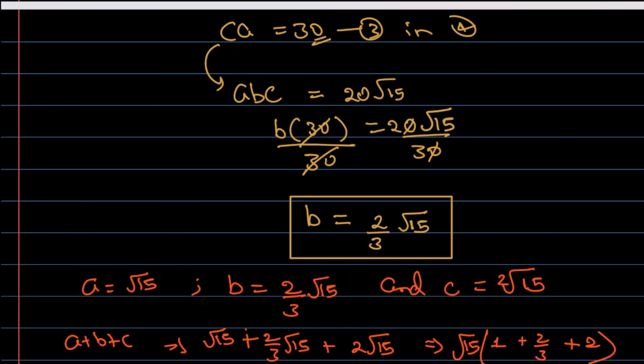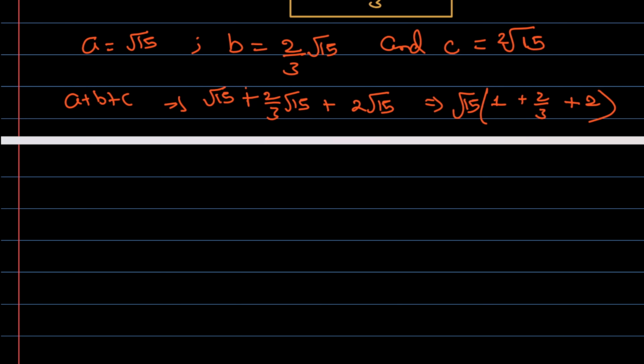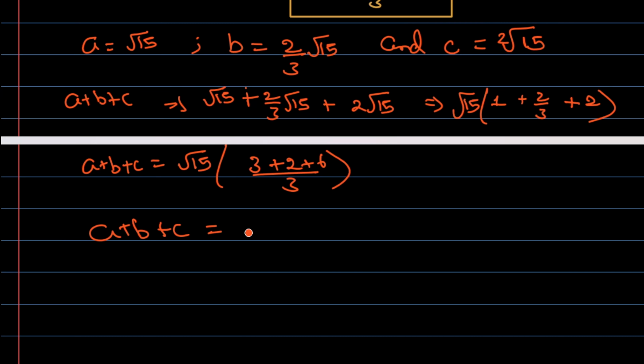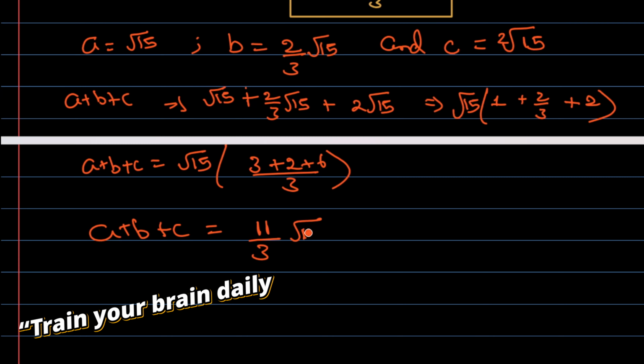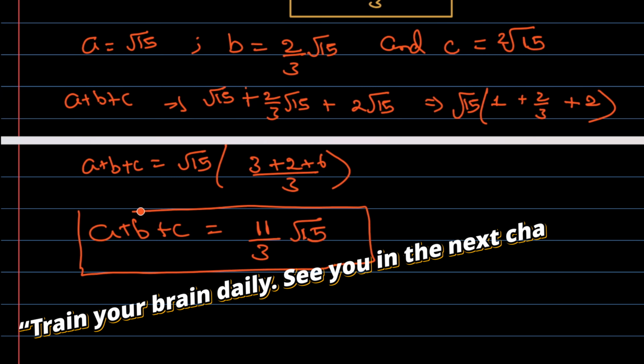So A plus B plus C equals root 15 times, taking LCM, we get 3 plus 2 plus 6 over 3, which gives A plus B plus C is equal to 11 over 3 root 15, and this is our required answer.